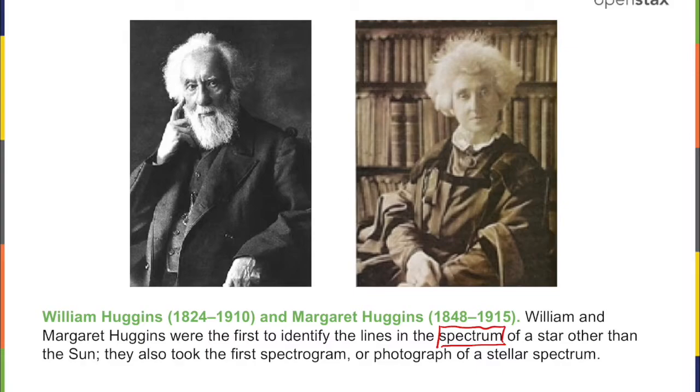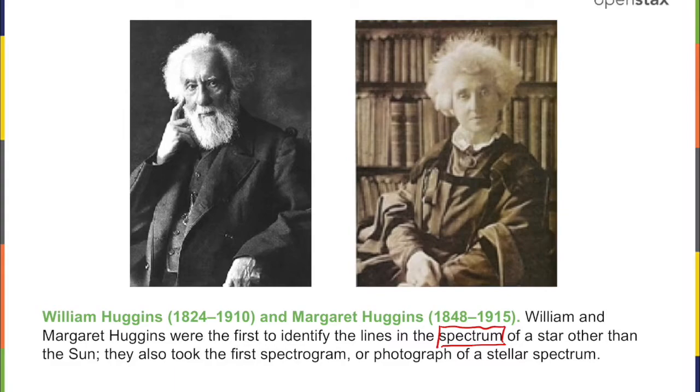Okay? And so if I was to look at the spectrum of hydrogen, I would see bands of particular colors. The spectrum of helium, bands of particular colors. The spectrum of oxygen, hydrogen, carbon, lithium, so on, right? Any element on the periodic table, bands of particular color tell me what that element is, okay?